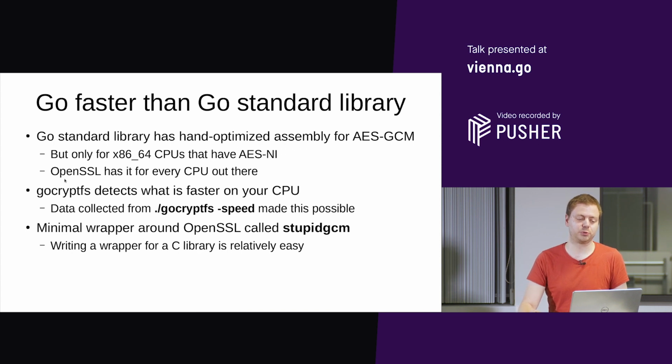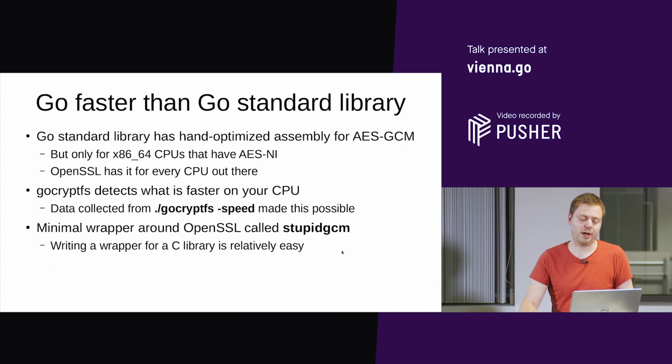And this was to use OpenSSL, because OpenSSL has optimized implementations for basically all the crypto algorithms built in for every CPU out there. And gocryptfs on startup detects if your CPU has this and decides what to use.